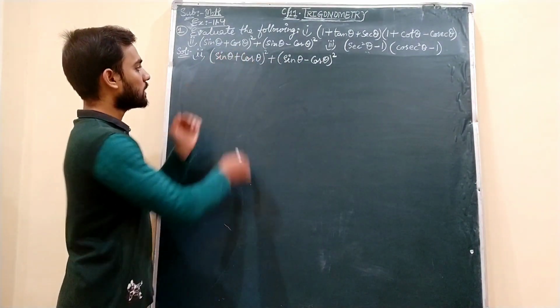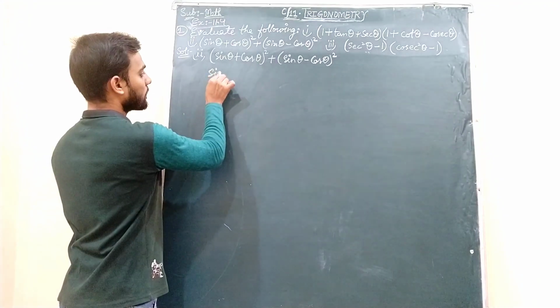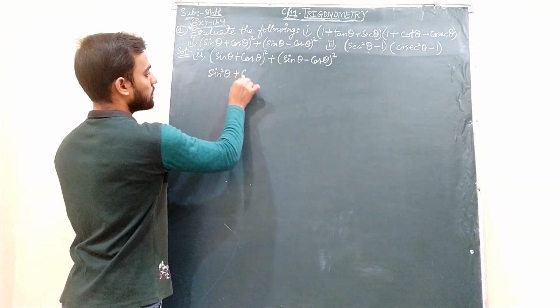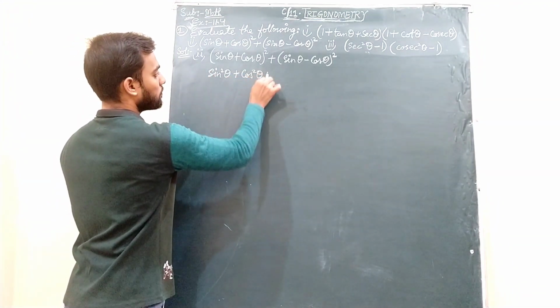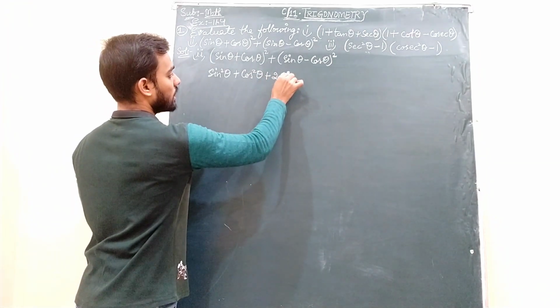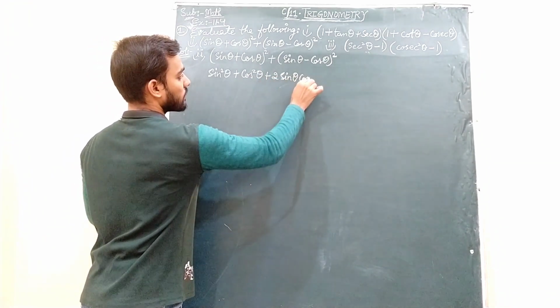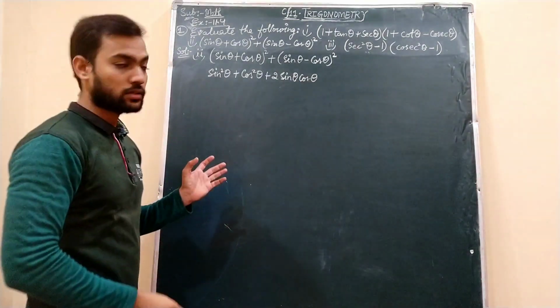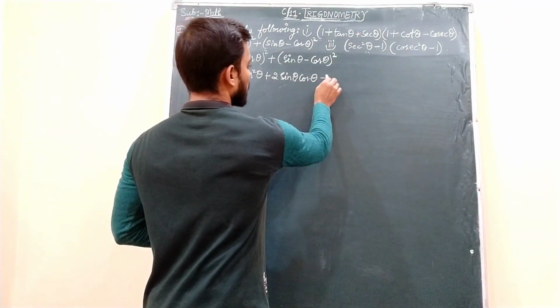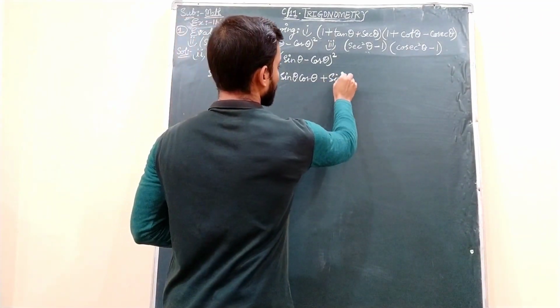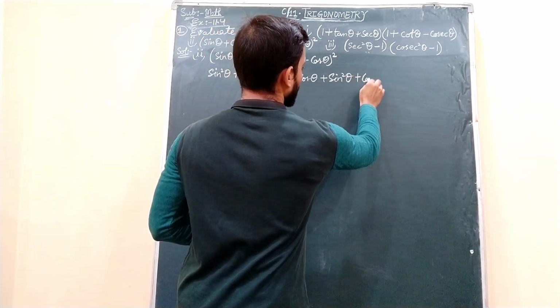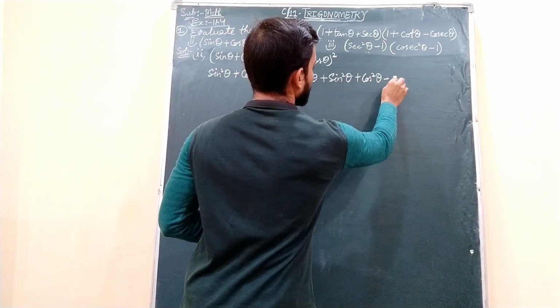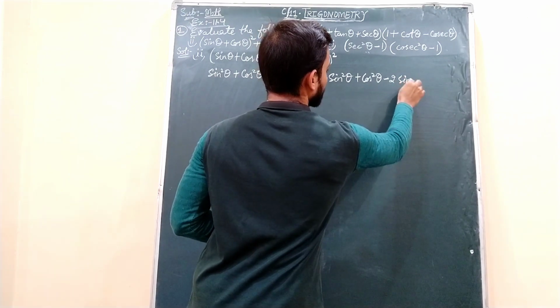The formula of a plus b whole square is a square plus b square plus 2ab. Just now we have done, okay? And this one, a square plus b square minus 2ab.